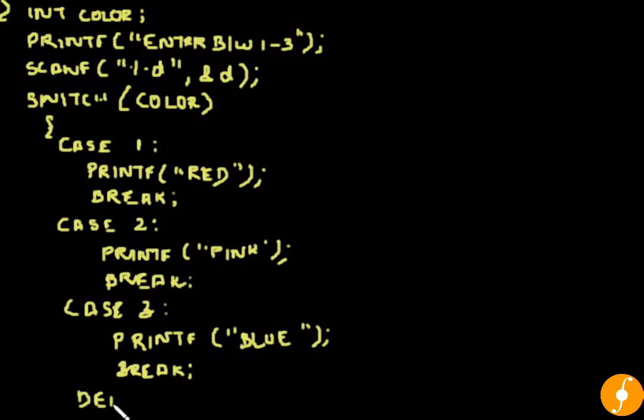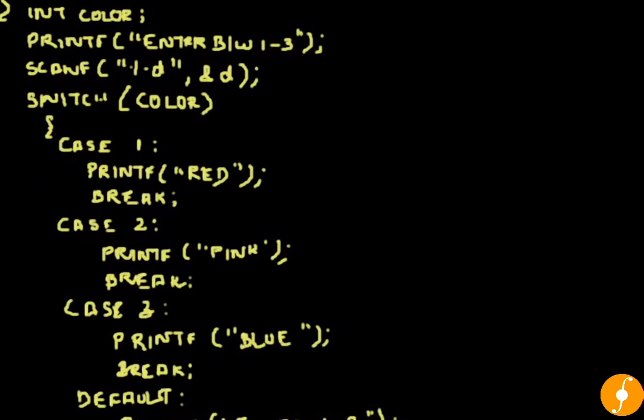Now the default block, you say printf enter a value between 1 and 3. So that's all. Now this is how you can write a color example using the switch case.